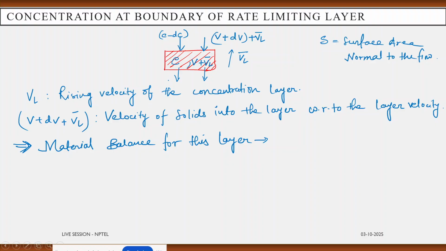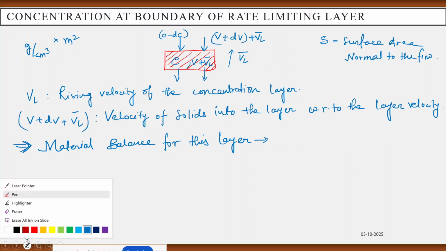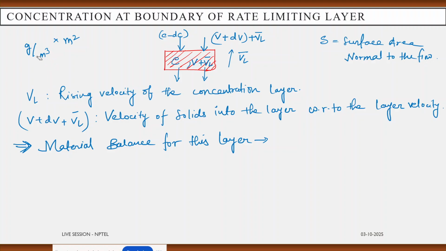You know the concentration, suppose in grams per centimeter cube or meter cube, whatever it is. So you need the surface area and you also need the velocity.